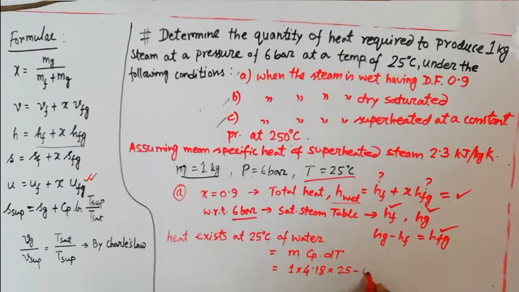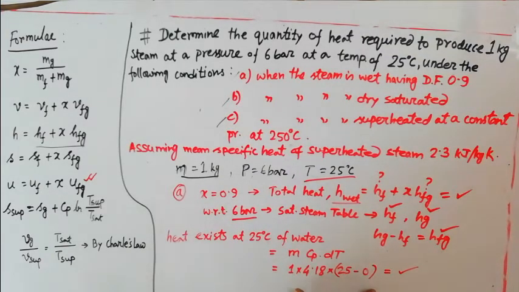If we convert it into Kelvin, the Kelvin difference and the centigrade difference remain the same. This value will give you the amount of heat stored in that particular water.